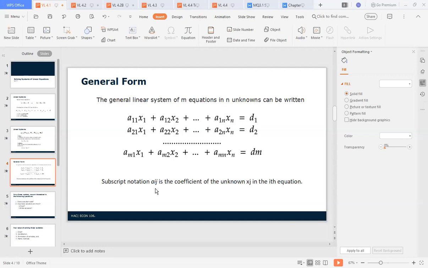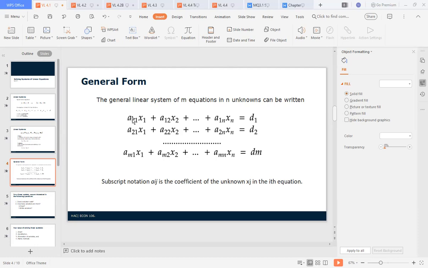So it's better to remember what aij is. For example, A11, A12, A13, A21, A22. When I refer to A11, class, that means it is in the first equation, in the first row, first column.